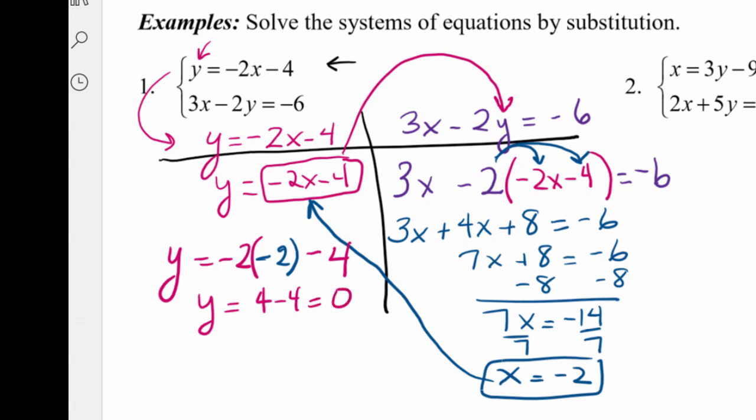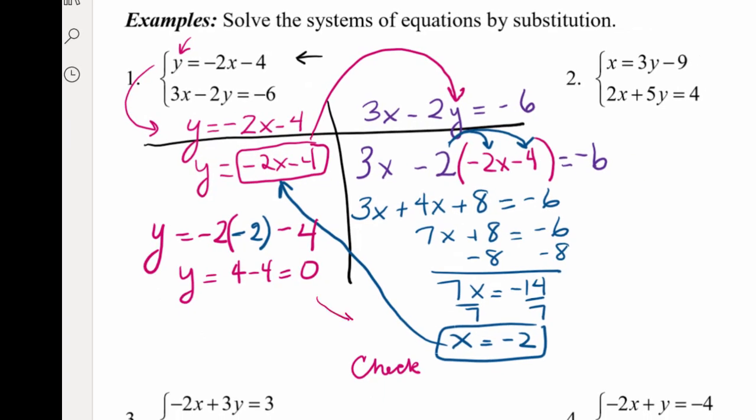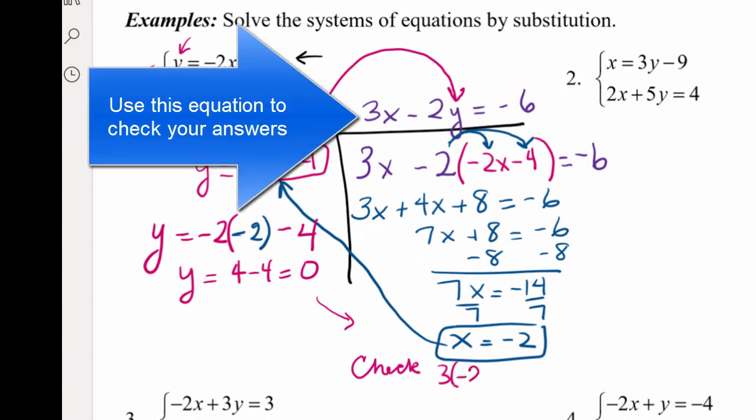Now, when you go to check this, since we used the equation on the left-hand side to solve for y, and that's the latest thing we did, go ahead and check on the right. So I'm going to come back to the right, and then I have 3x, so 3 times negative 2, minus 2 times the y, which was 0.